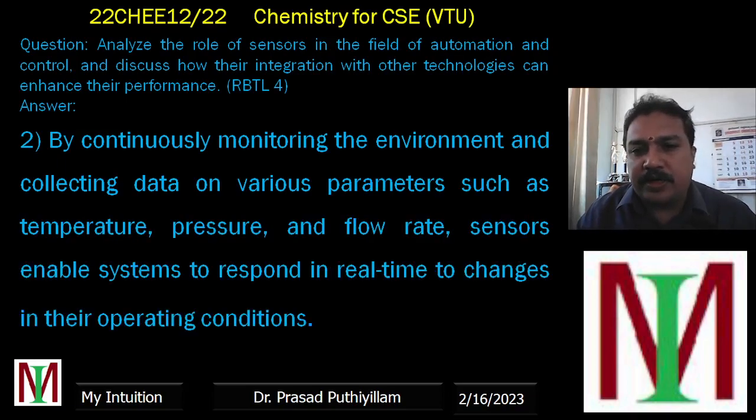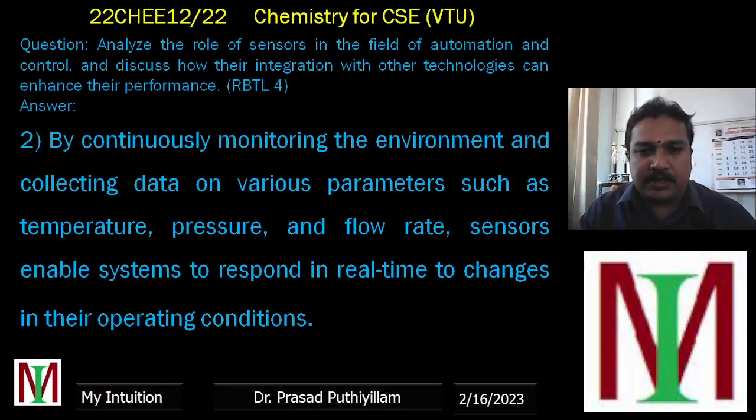By continuously monitoring the environment and collecting data on various parameters such as temperature, pressure, and flow rate, sensors enable systems to respond in real time to changes in their operating conditions. So we need the sensors to check the real-time changes in temperature or pressure or any flow rate.